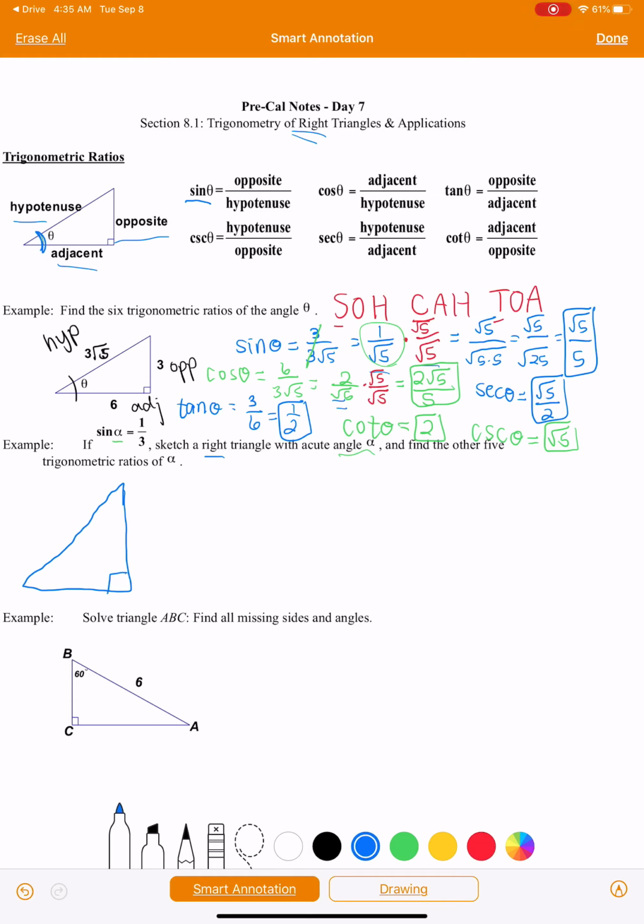So I'll make that my right angle, just like the 2 pictures above, and I'll make this angle be my acute angle alpha, again like the pictures above. So that was my reference angle. And so the other piece of information it gives us is that sine of this angle is 1 over 3. Well, sine, we know, is opposite over hypotenuse.